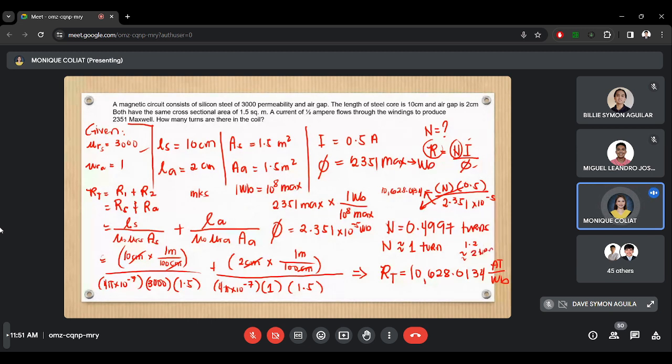Round off to the next higher whole number, even if it is only 0.1, 0.2, or 0.3, you raise it. Any questions? So this is our final answer.